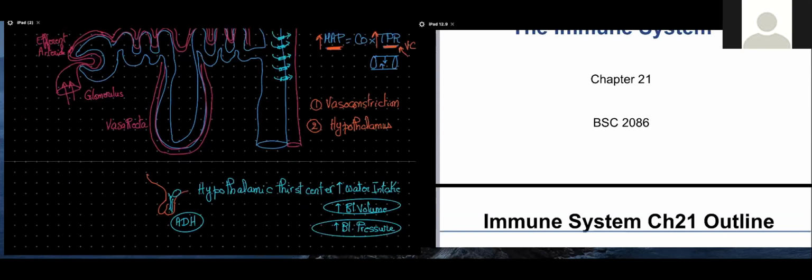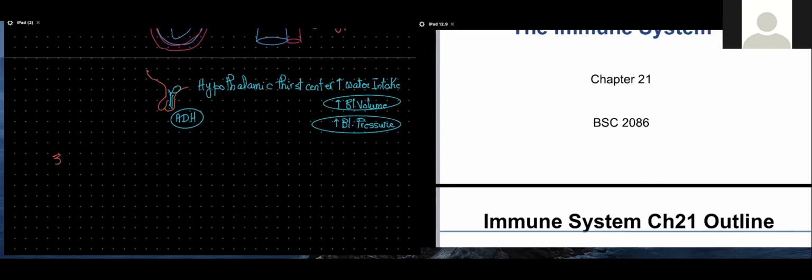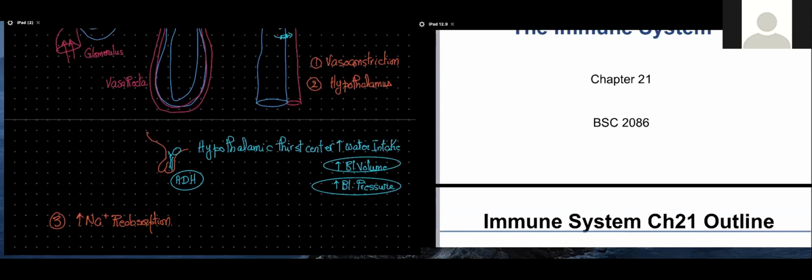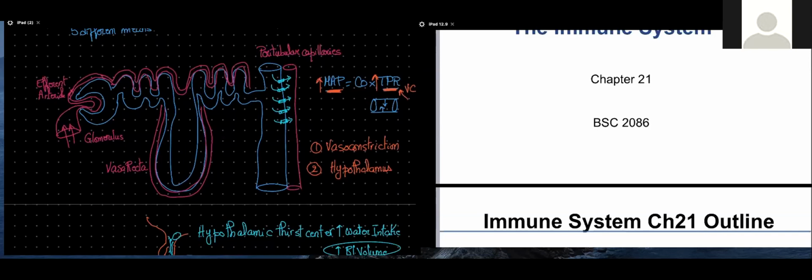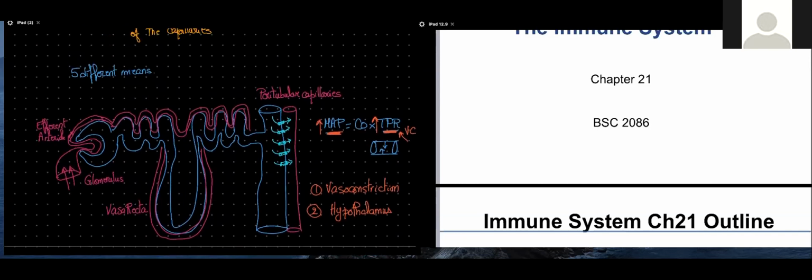A third action for angiotensin II will be to increase the sodium reabsorption. And remember, the sodium gets reabsorbed: 90% of it is going to be reabsorbed in the proximal convoluted tubules and the ascending limb of the loop of Henle.